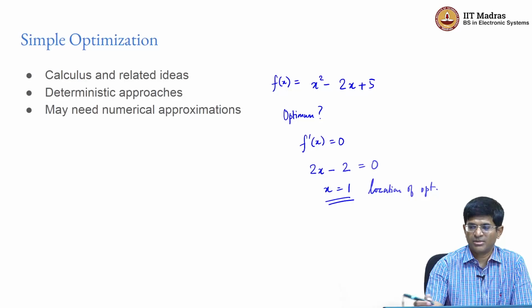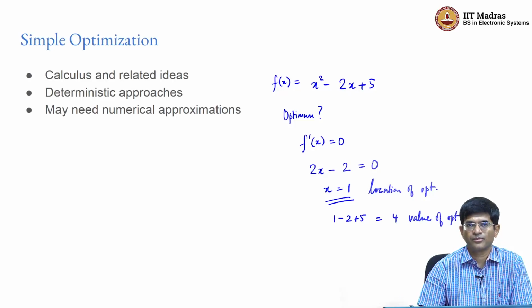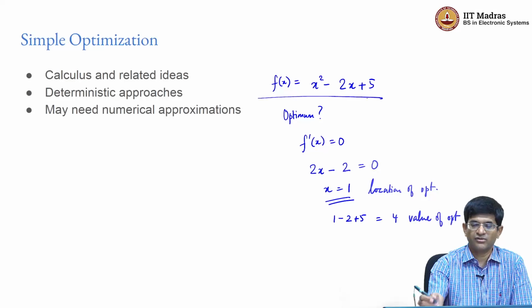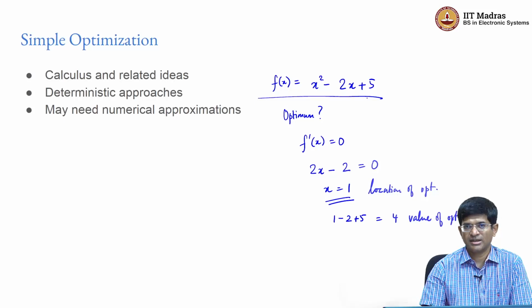And by plugging in the value over there, I would find that 1 minus 2 plus 5 equals 4 is the value of the optimum. So this is one way by which, given any arbitrary function, without even knowing how to plot it or what the shape of the function looks like, I can use calculus and find out where the optimum is going to be and what the optimum value is going to be.